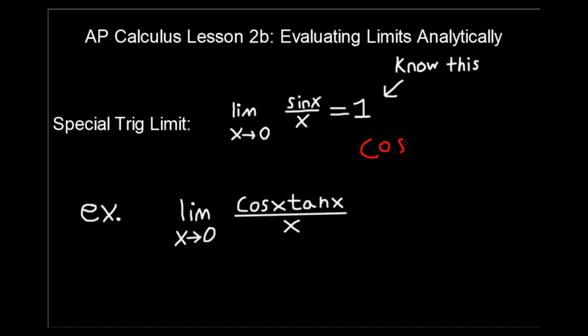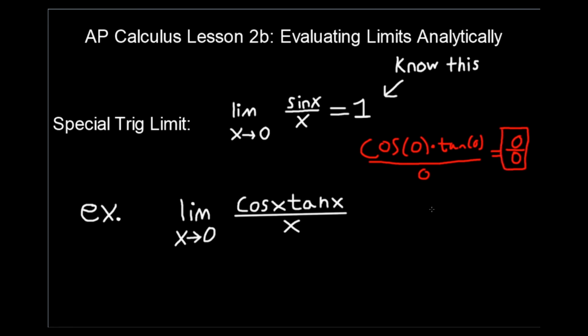Cosine of 0 times tangent of 0 over 0. Cosine of 0 is 1, and tangent of 0 is 0, so you're going to have 1 times 0, which is just 0 over 0. So boom, that is the start of the equation. That tells us we have to move further into this.